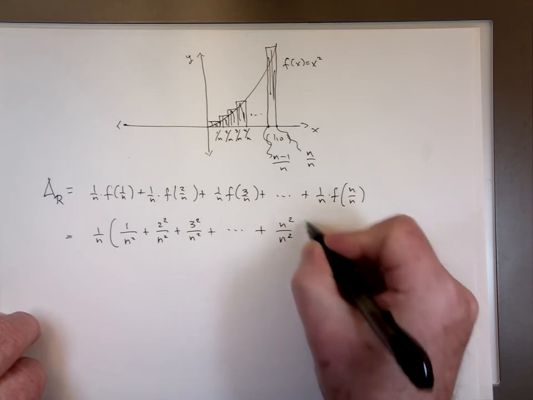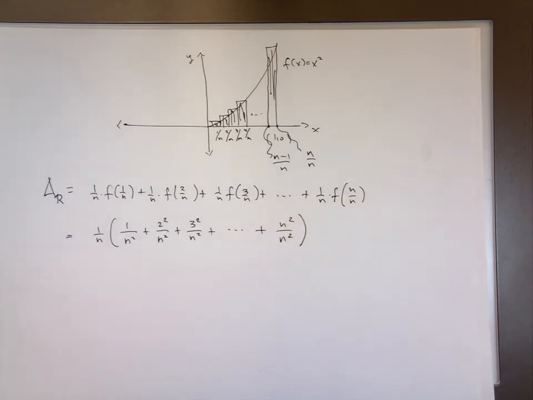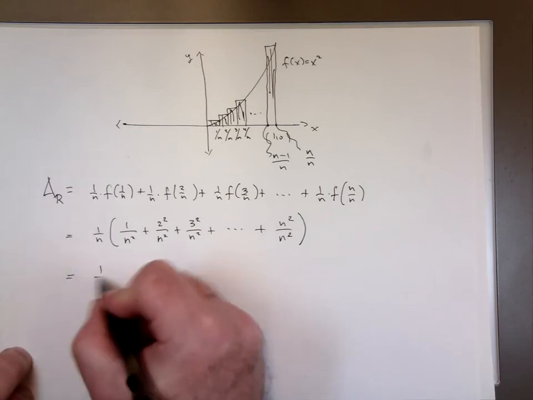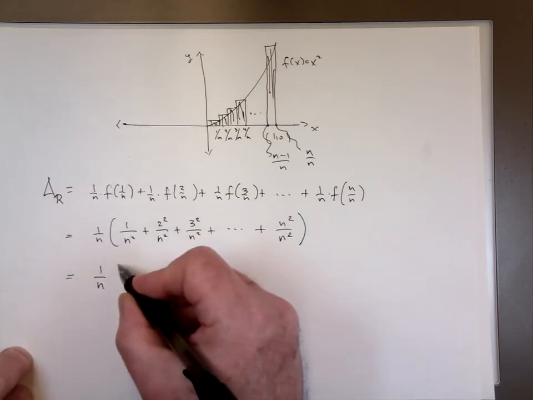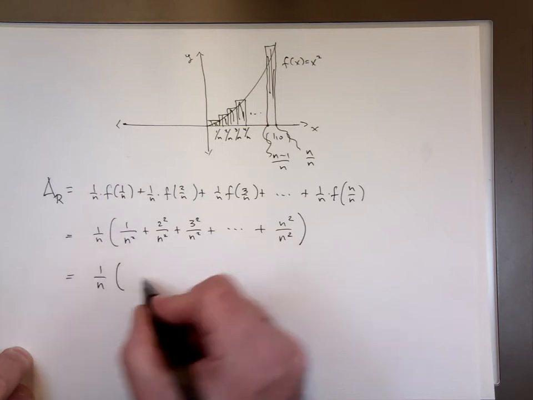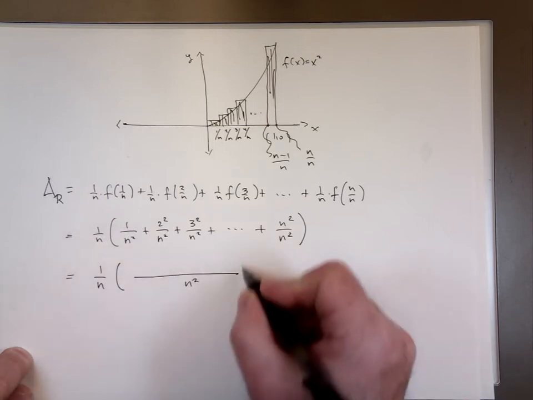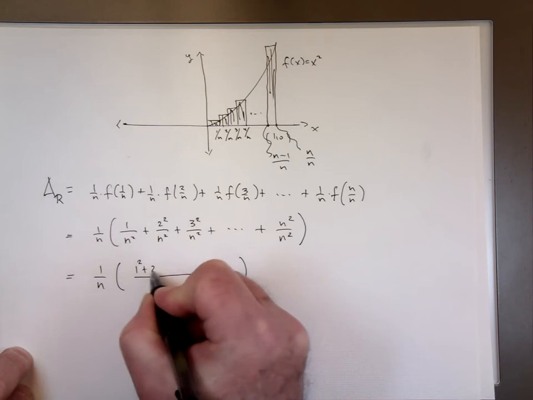That's equal to 1 over n times 1 squared plus 2 squared plus 3 squared plus up to n squared.